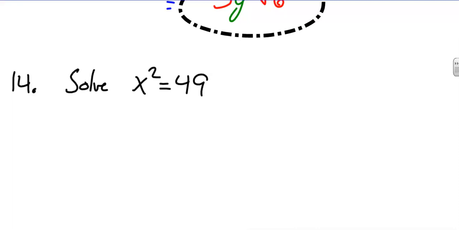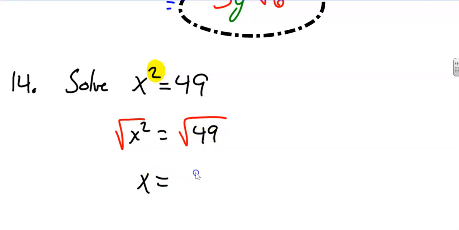Key thing is x squared, right? You're looking for 2 answers. Most people go, well, I know that if I do 7 times 7, that's 49. But then you have to remember that if it's x squared, to get it down to x, we're going to square root both sides. So we do get the x. When you square root 49, that's 7.